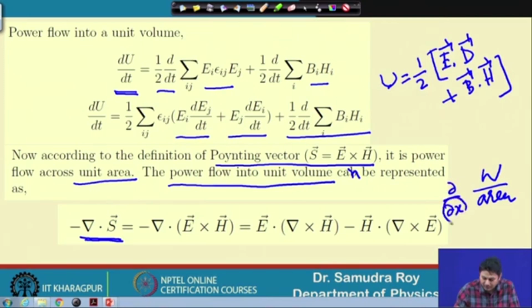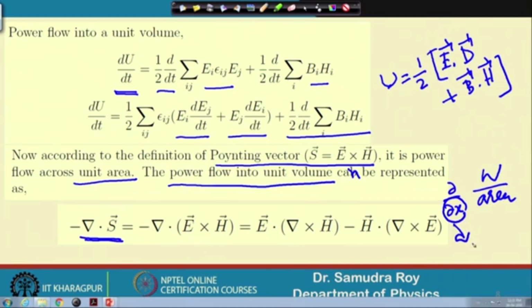X is a space variable and should have a dimension like distance, so a length dimension is here. So, length into area will be a dimension of volume. Eventually, this quantity gives the power flow per unit volume, which is the same thing that we have derived here by using this U.